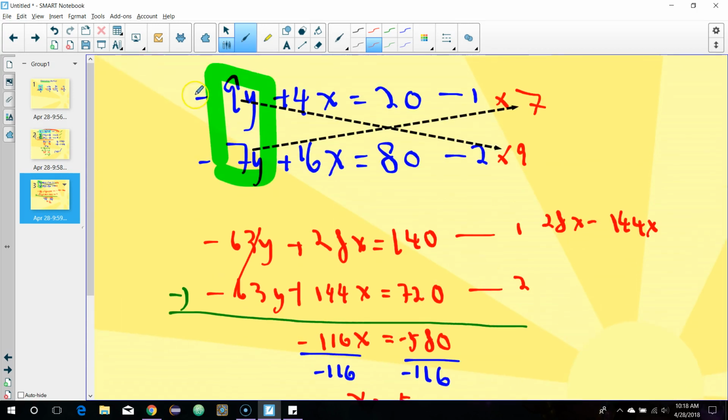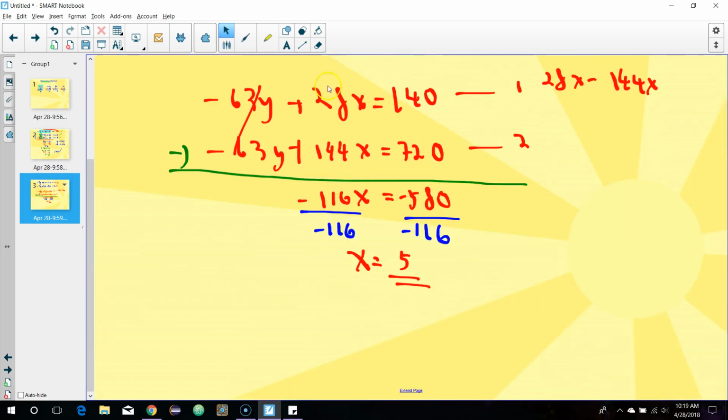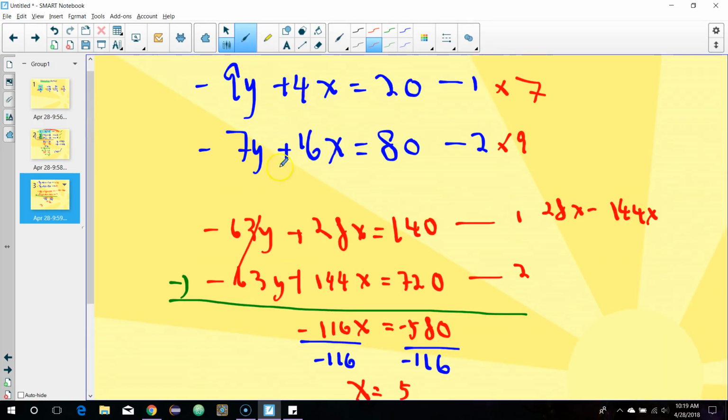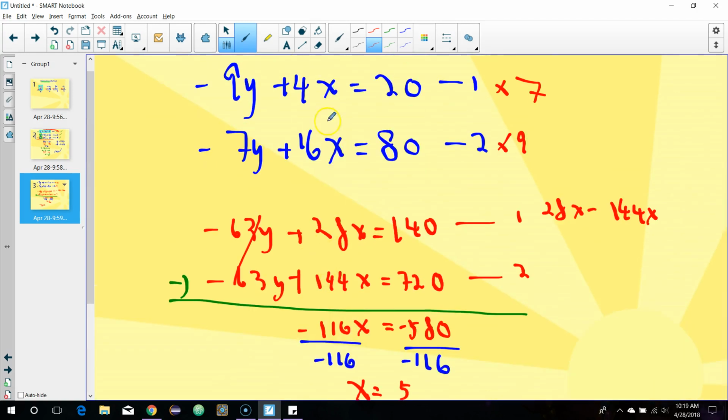So I'm going to go back to one of these equations to find the other variable. We found x, so we are going to find y now. Let me remove this. So we'll just pick the very first one. It doesn't really matter which one you pick. So I'm just going to copy the first one: negative 9y plus 4x equals 20.